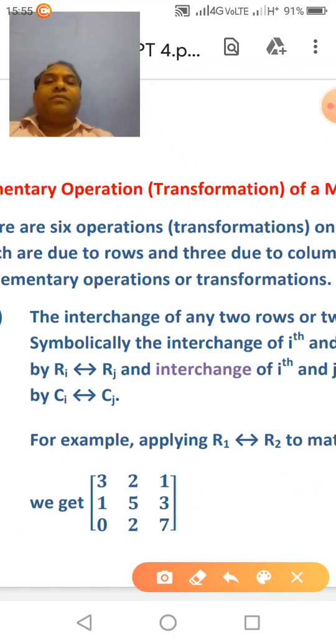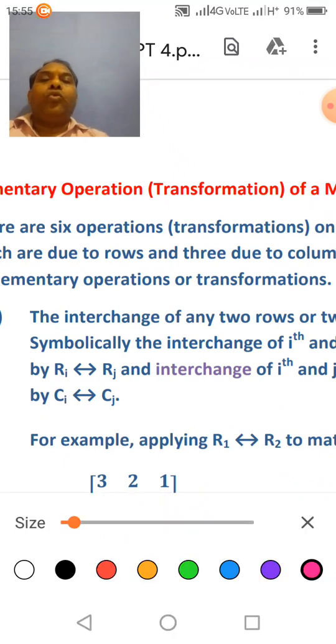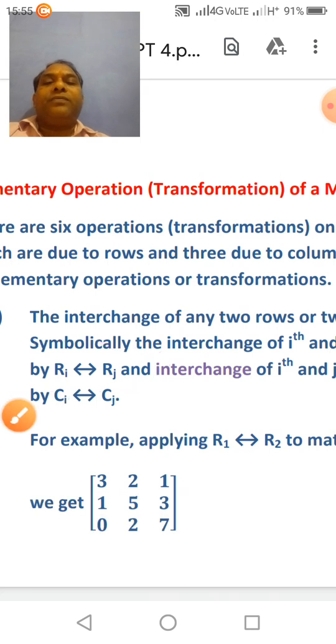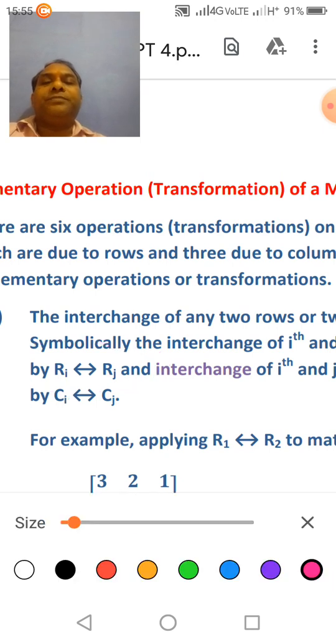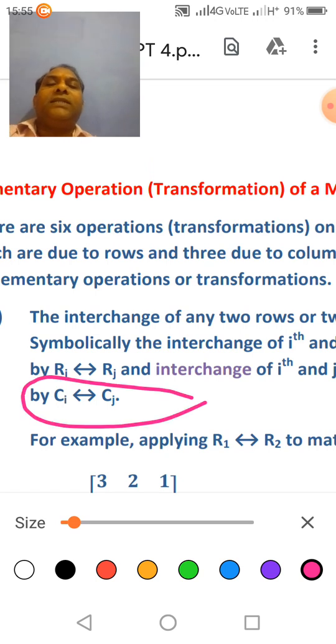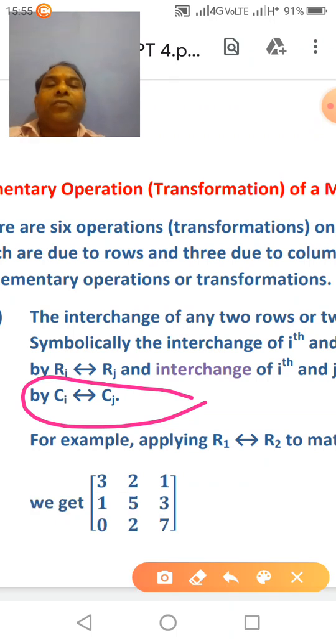In case of interchanging 2 rows, we represent it as Ri interchanging Rj. It means interchanging the ith row and the jth row. Clear? In case of interchanging 2 columns, Ci interchanging Cj means we have to interchange the ith column and the jth column. Clear?